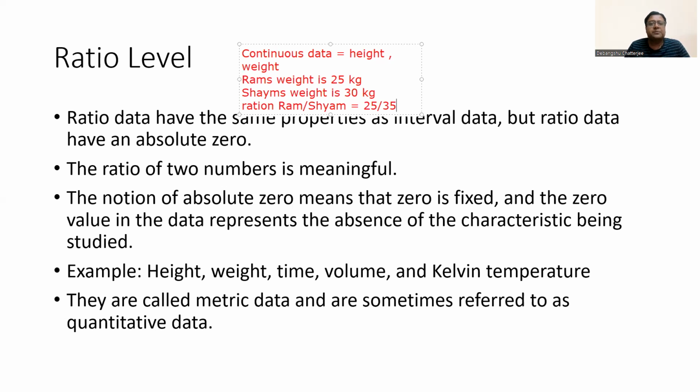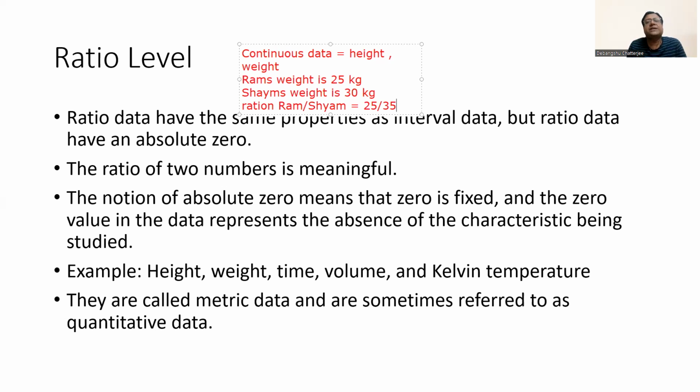Now the notion of absolute zero means that zero is fixed, and the zero value in the data represents the absence of the characteristics being studied. So height, weight, time, volume, Kelvin temperature. These are examples of ratio level data or continuous data. They are called metric data and sometimes referred to as quantitative data.